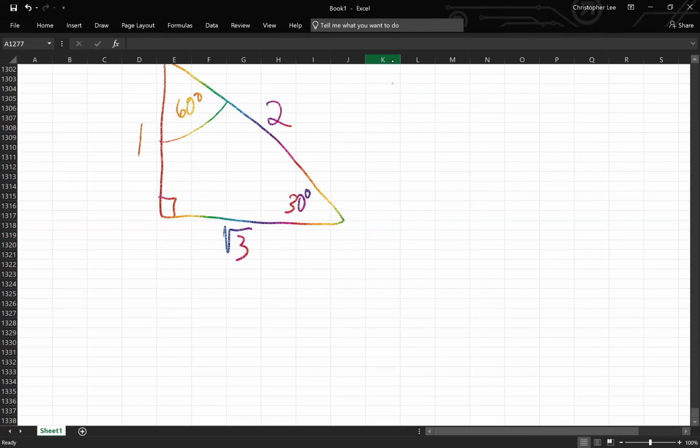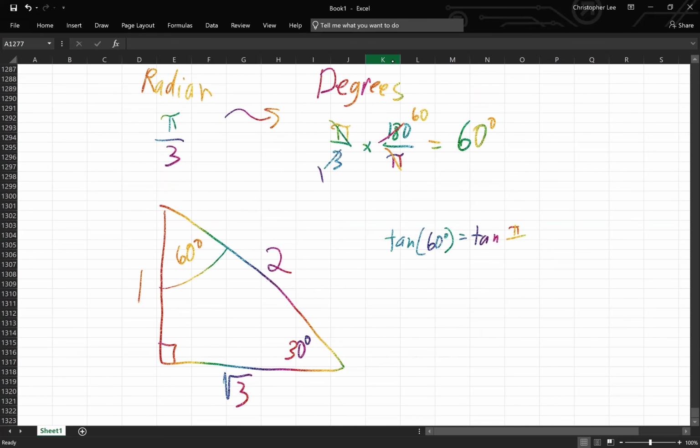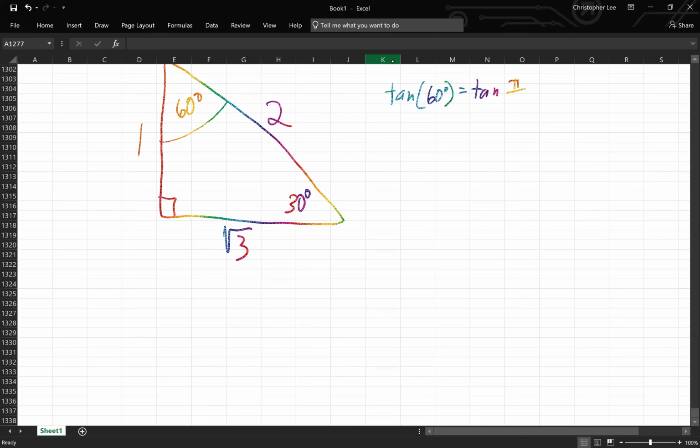So what is tan of 60 degrees, which is really tan of pi over 3? Remember, tan is opposite over adjacent, so this is square root of 3 over 1.